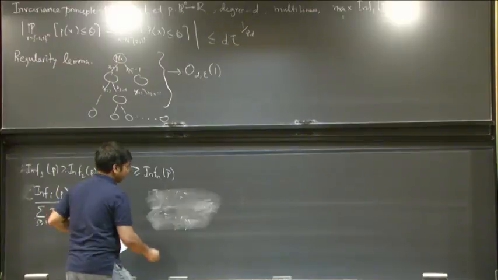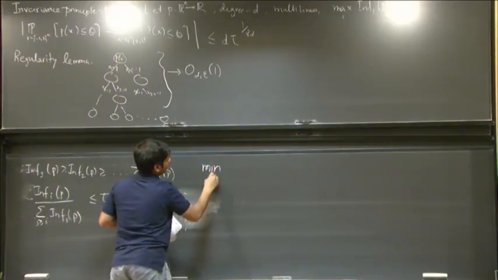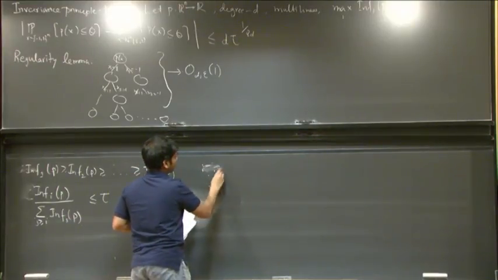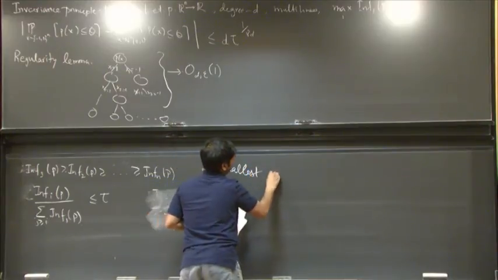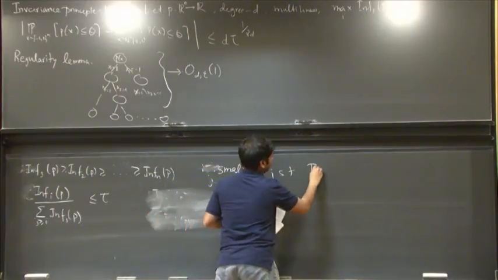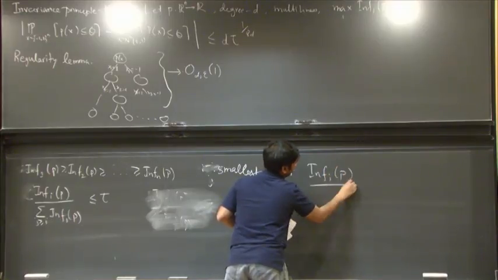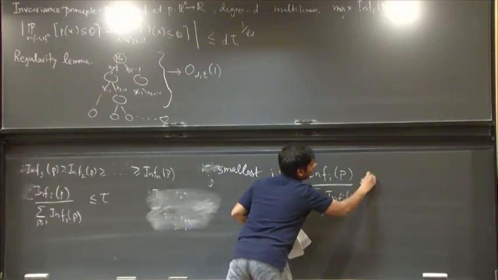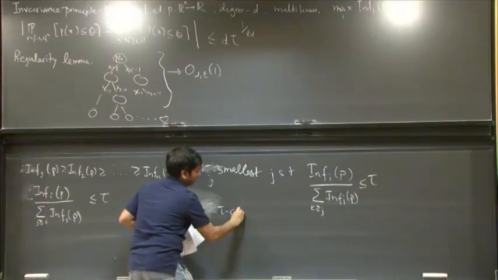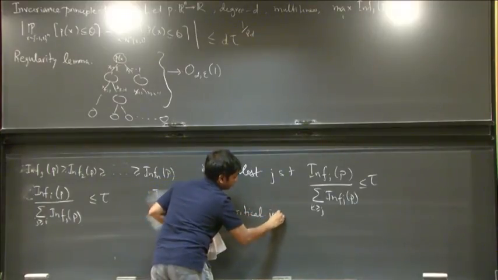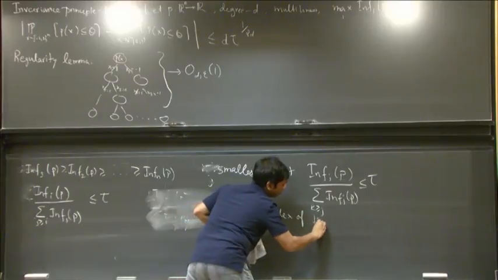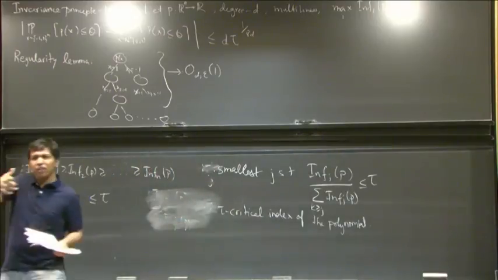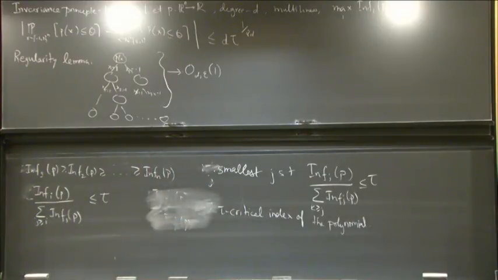The smallest j such that the influence of j of p divided by the sum over k greater than or equal to j of the influence of k of p is less than or equal to tau is called the tau critical index of this polynomial. So it's the first point after which the variables start looking more or less regular.